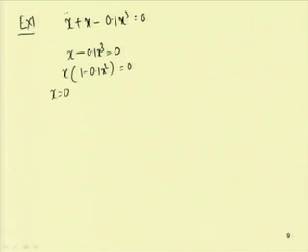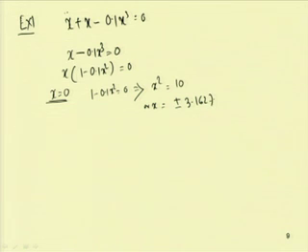So we can have either x equal to 0 or 1 minus 0.1 x square equal to 0, which gives x square equal to 10, or x equal to plus minus 3.1627. So in this case we have 3 values of x. These 3 are the equilibrium positions for this equation.